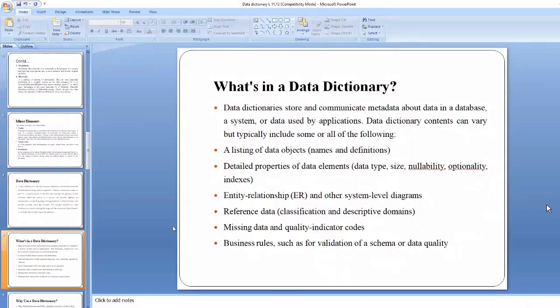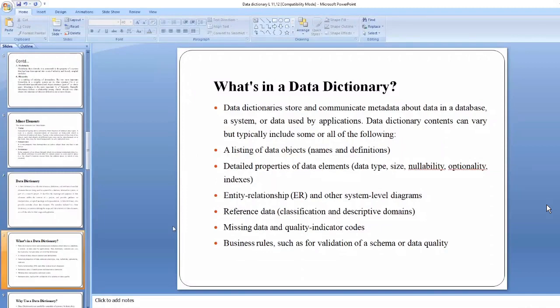Then optionality, where things are required and where they are not, and their indexes. These are the detailed properties of the data elements. Then entity relationship and other system level diagrams. The ER diagrams depict the relations between various entities and how they work together, and that is also shown in the data dictionary.